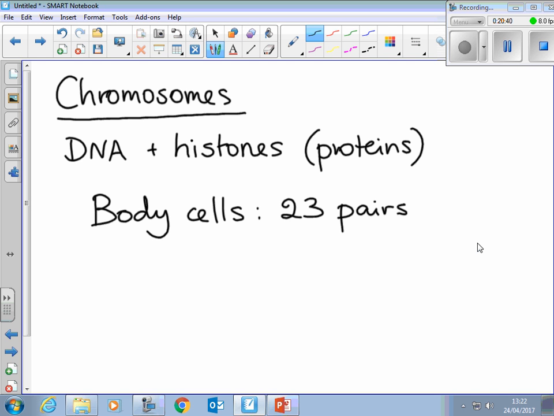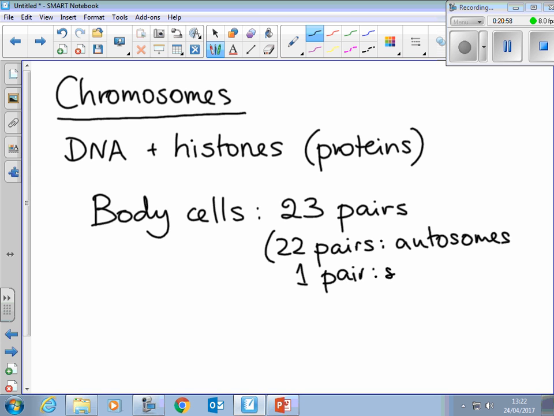22 of the pairs are known as autosomes. And the 23rd pair are the sex chromosomes.